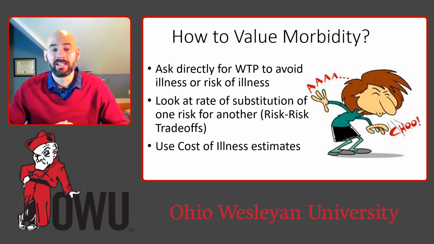So to value morbidity, we can ask directly for the willingness to pay to avoid the illness or the risk of illness. We can look at the rate of substitution of one risk for another, or we can use cost of illness estimates. And so we'll take a quick look at how these different approaches may differ and what some strengths and drawbacks of each approach may be.